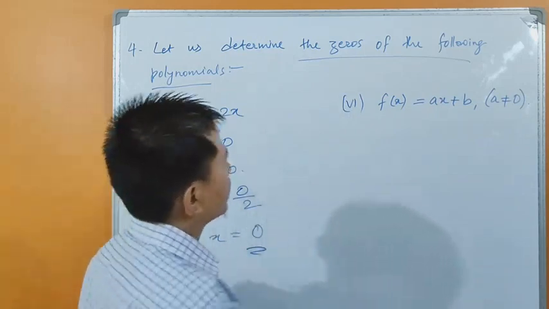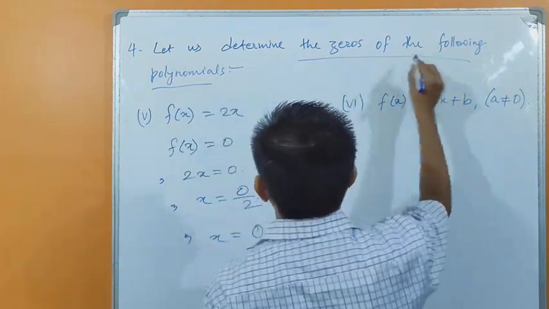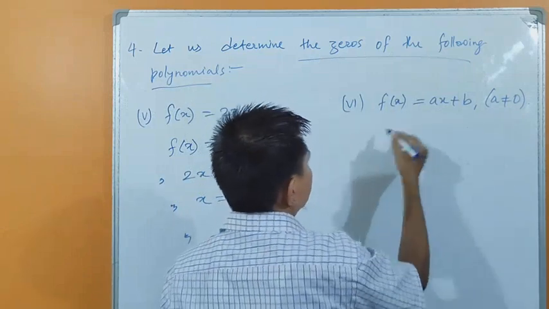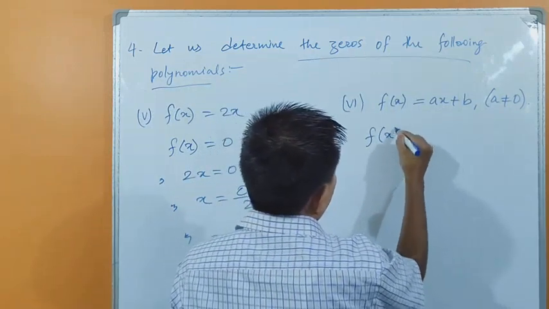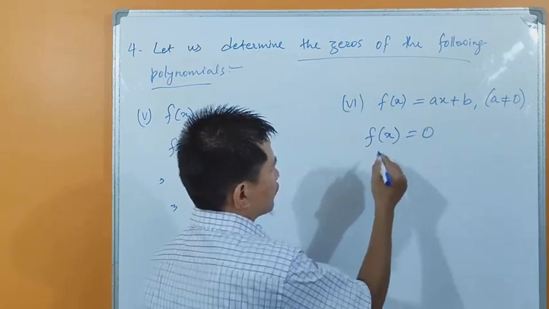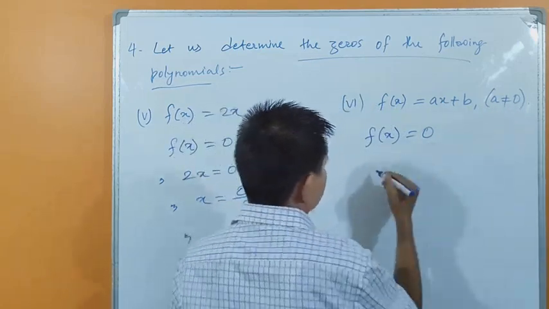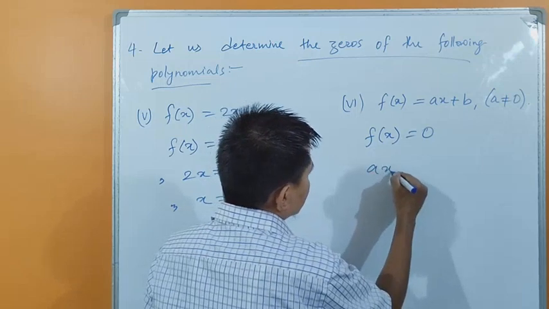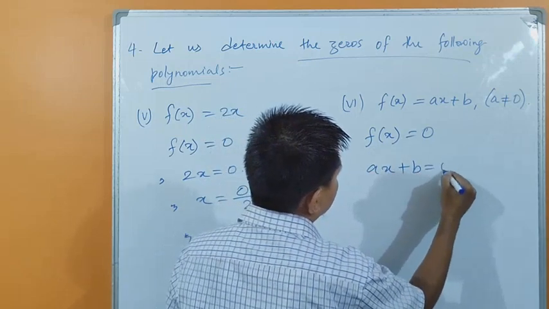0, okay. Here, we are asked to find the zeros of the following polynomials, and the zero of this polynomial f(x) equals 0. Zero of the polynomial means f(x) equals 0, and the condition is a is not equal to 0, okay? ax plus b equals 0.